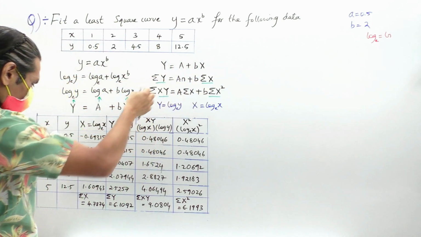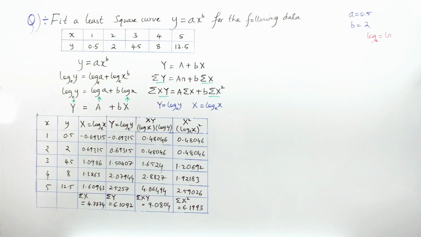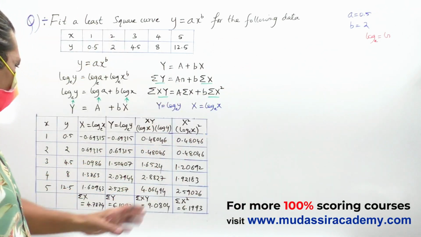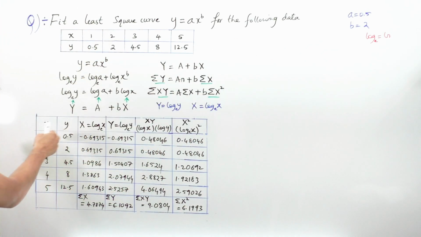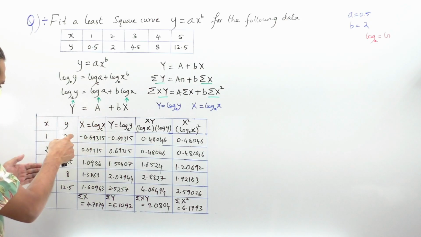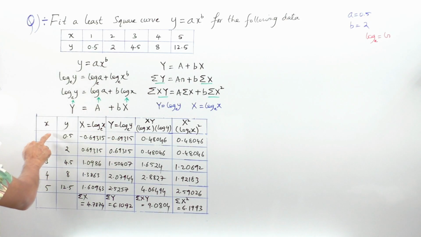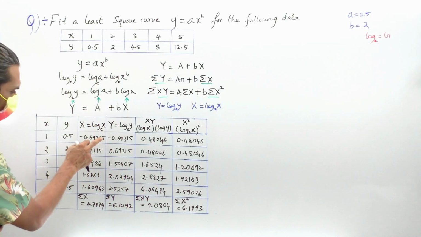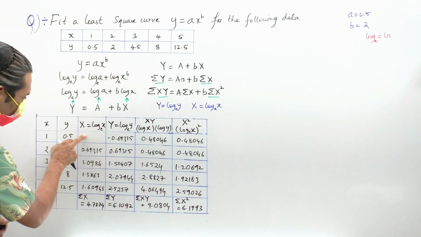Before moving ahead, I made a small mistake here, and I am extremely sorry for that. In place of ln of x, I had taken 0.5. If you check in the calculator, ln of 1 is always 0. A terrible mistake.